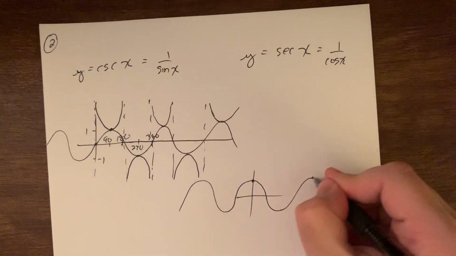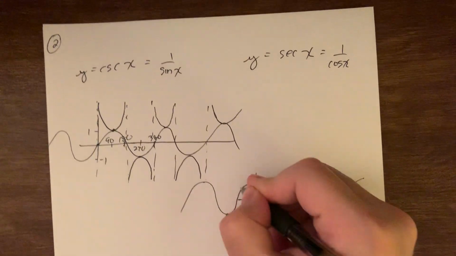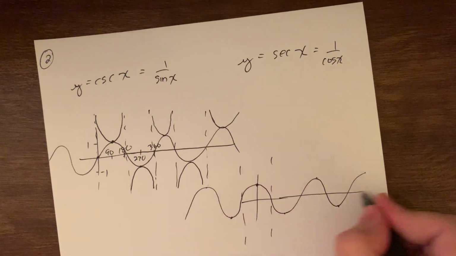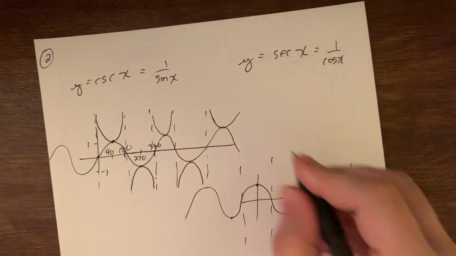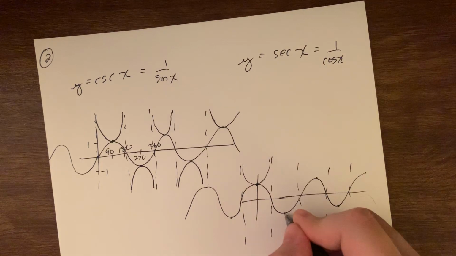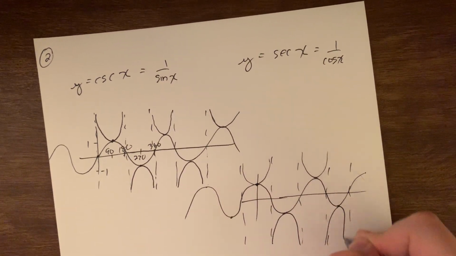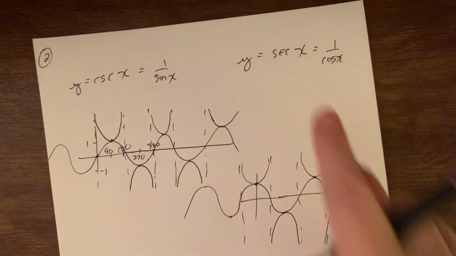So these would be the peaks, these would be the valleys, where I cross the x-axis will be the vertical asymptotes, open U, downward U, open U, downward U, and these would be the graph for secant.